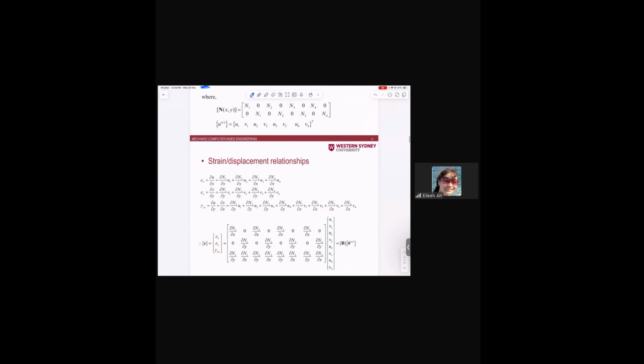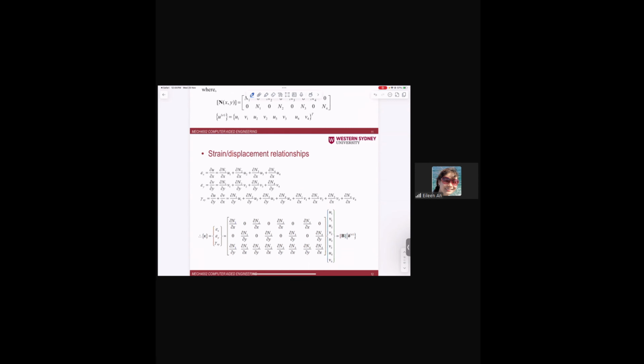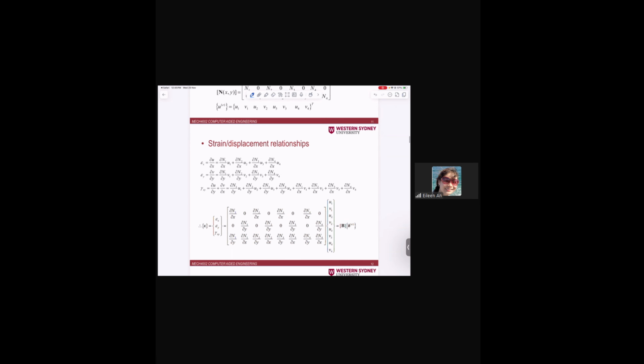Okay, and now if we have the displacement already and we want to calculate the strain and the stress, what should we do then? Exactly the same as triangle element. We need to use the strain displacement relationship to do the calculation.